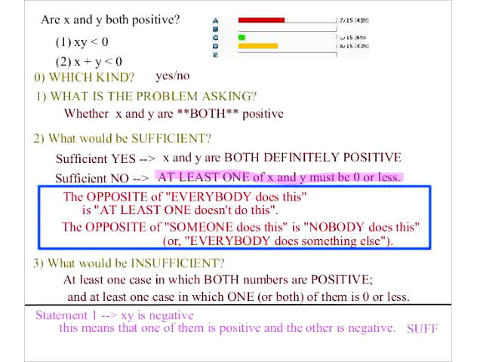Statement 2, x plus y is negative. There's 3 ways that you can do this. X and y could be both negative. They could be one positive and one negative, x positive and y negative, or x negative and y positive.